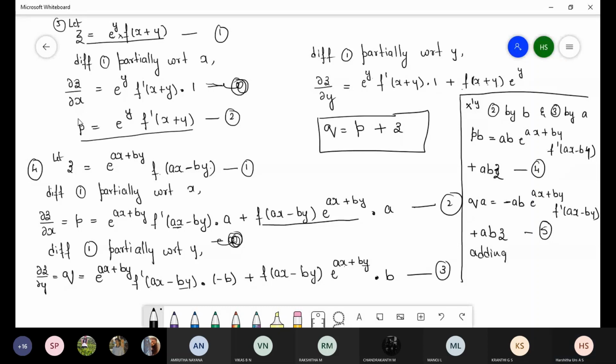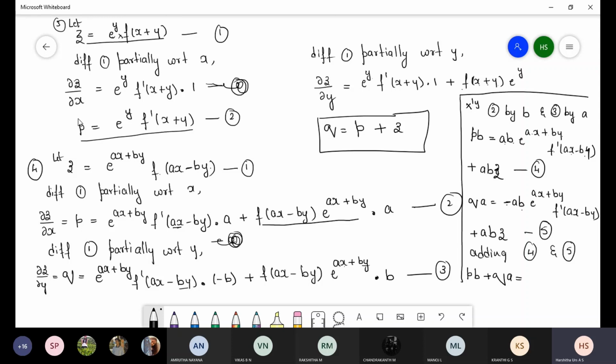Adding equation 4 and equation 5. So on the LHS we have PB plus QA. On the RHS, ab e power ax plus by into f dash of ax minus by minus ab e power ax plus by into f dash of ax minus by. These both will get cancelled.